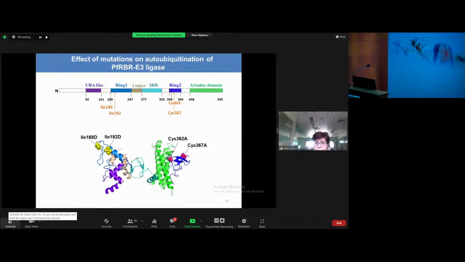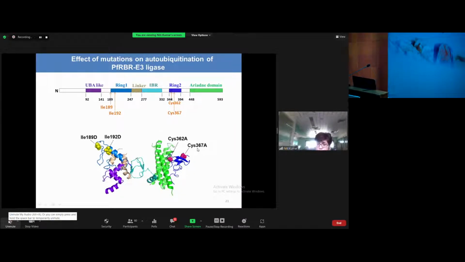Then we tried to map the critical sites which are important for ubiquitination, and we filtered out a few positions. In the RING1 and RING2 domains, the E2 enzyme interacts with the RING1 domain and then transfers the ubiquitin to the RING2 domain.